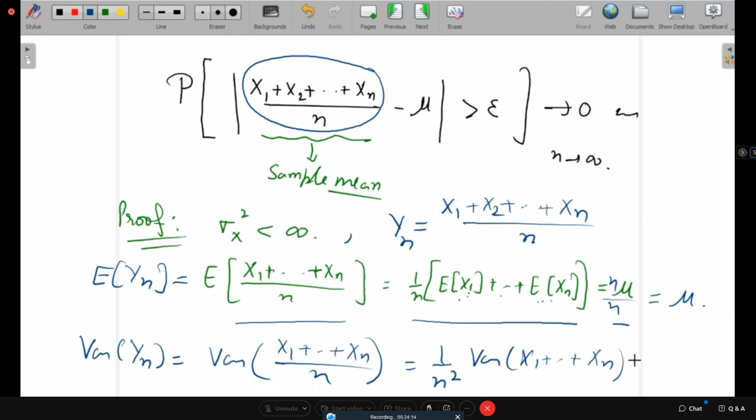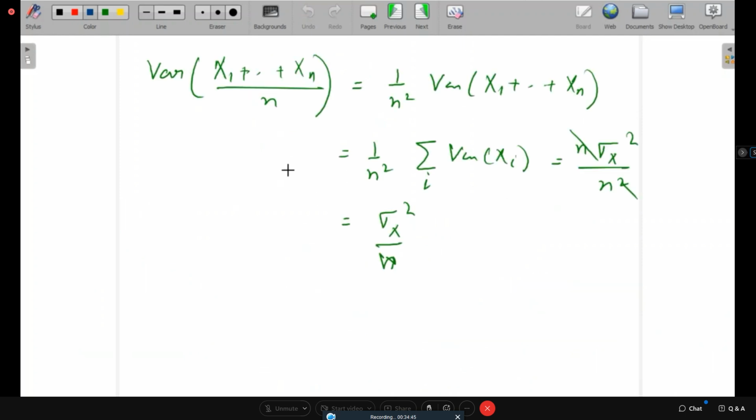So it's 1 by n square times the summation of the variance of each Xi, i equals 1 to n. But all of them share the same variance because they have the same PDF. If you denote that by sigma square, it is n times sigma square over n square, which turns out as sigma square by n. So this is the final one, sigma X square by n.